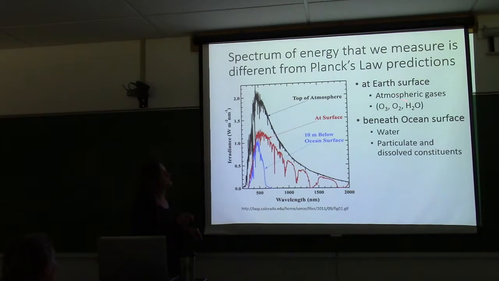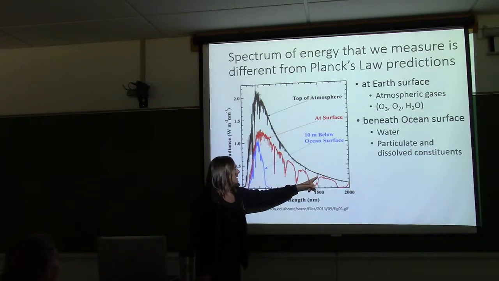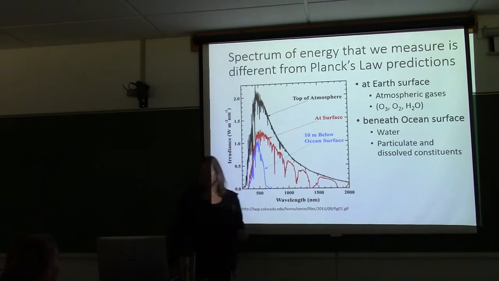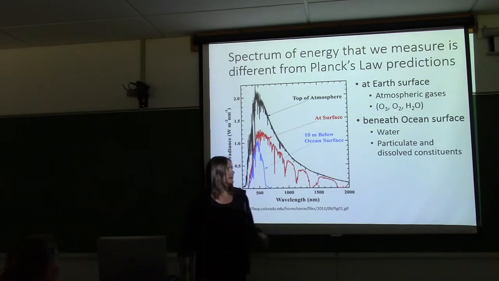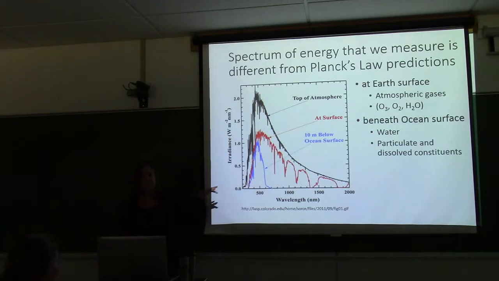And in the visible, we're mostly concerned, well, UV mostly is ozone. But in the visible, it's mostly oxygen and water vapor in the atmosphere that's taking out this overall energy in these bands. Once we get below the surface, what are we losing in terms of colors of light?